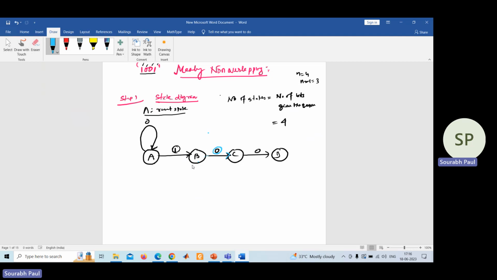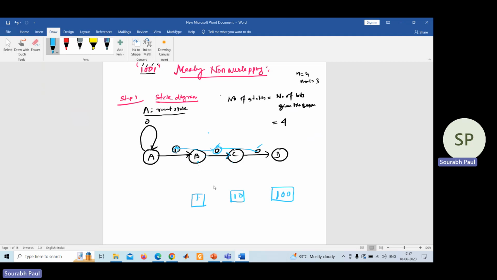If you look closely, what is B doing? B is detecting the sequence 1. What about C? C is detecting the sequence 1 0. What about D? D is detecting the sequence 1 0 0. We can write these below each state in a square box.